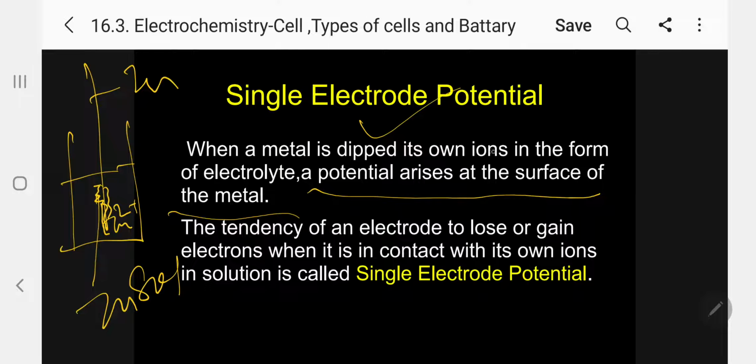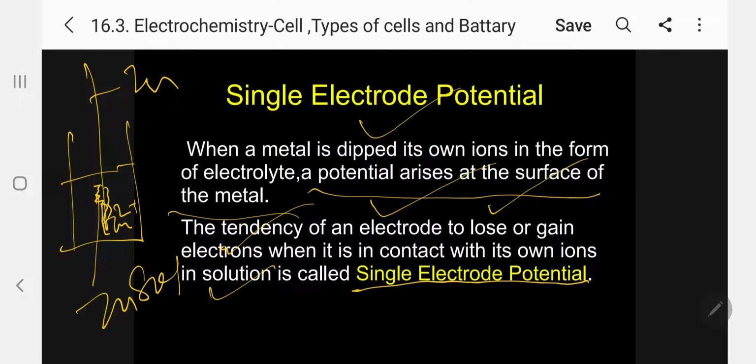The surface of the metal and the ions adsorb automatically. That potential we call single electrode potential. The tendency of an electrode to lose or gain electrons when it is in contact with its ion in solution is called single electrode potential.